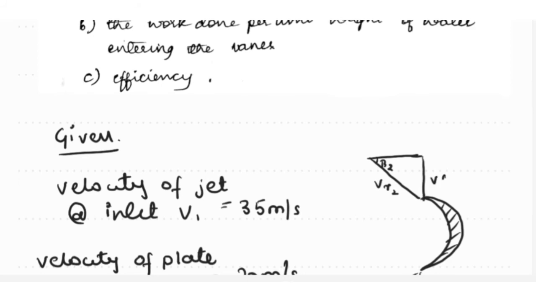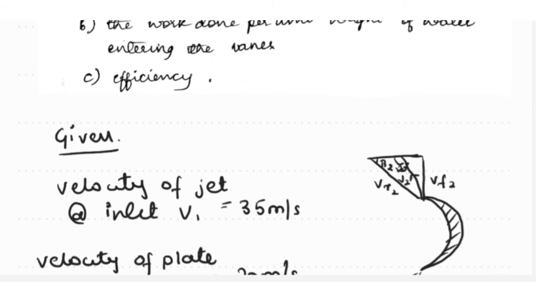So this is vf2. In the question it is given that the jet leaves the vane making an angle of 120 degrees. So if I draw towards this side, here it will make an angle of 60 degrees. So here we should draw towards this side so that v2 makes an angle of 120 degrees.